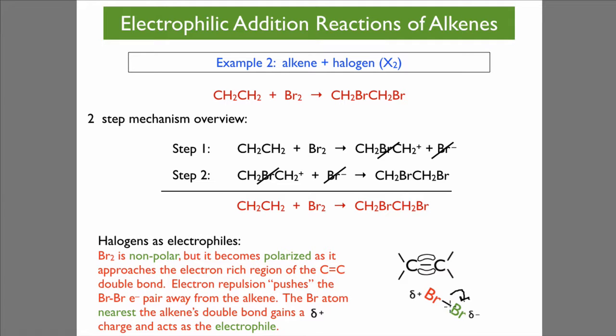And so you get a negative dipole and a positive dipole. The bromine atom nearest the alkene's double bond gains the delta plus, and therefore it then acts as the electrophile, Br plus.